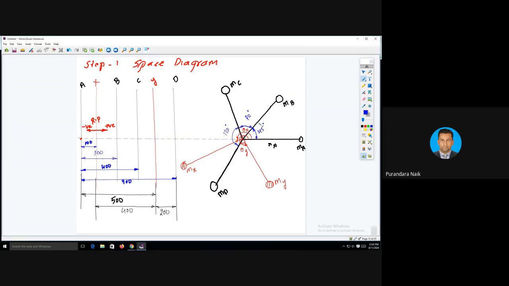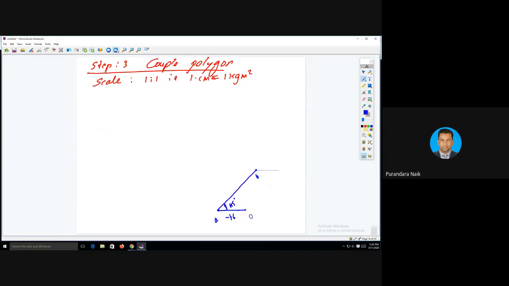With respect to A it is 70 plus 45, we'll get 115. So measure 115 here, somewhere here. Yeah, 115 will get a point here.